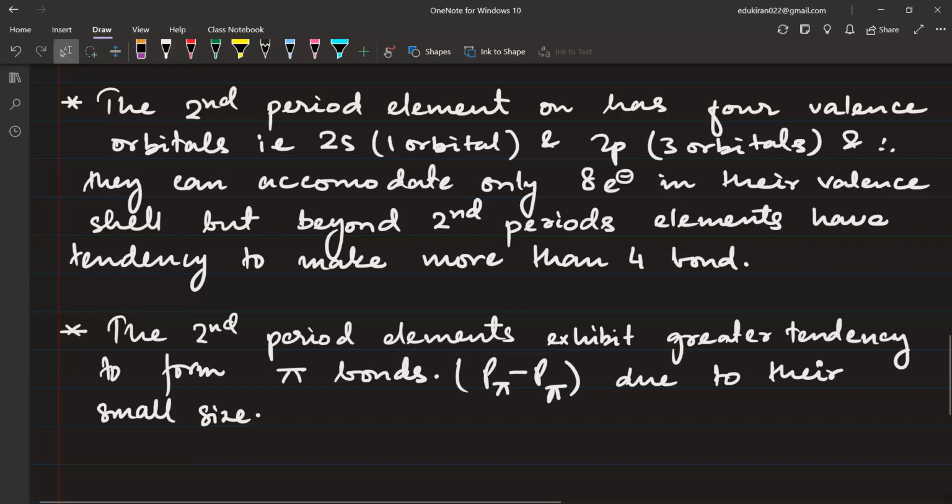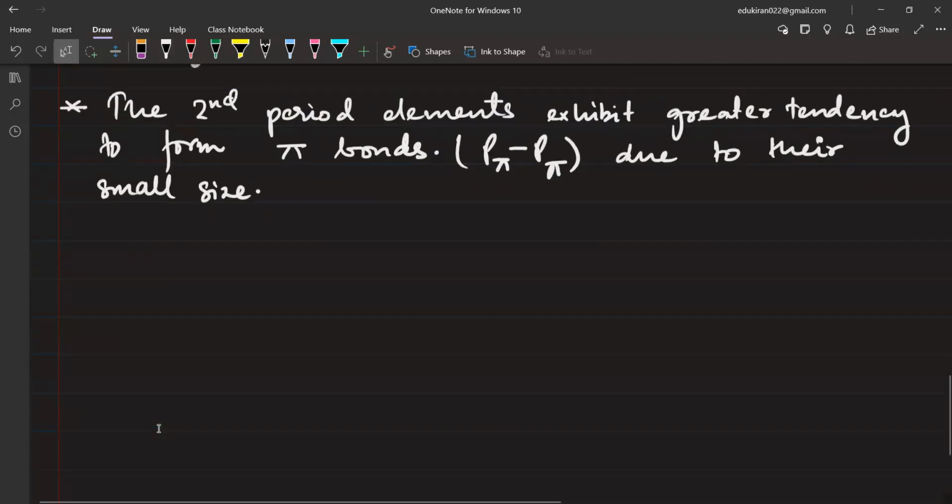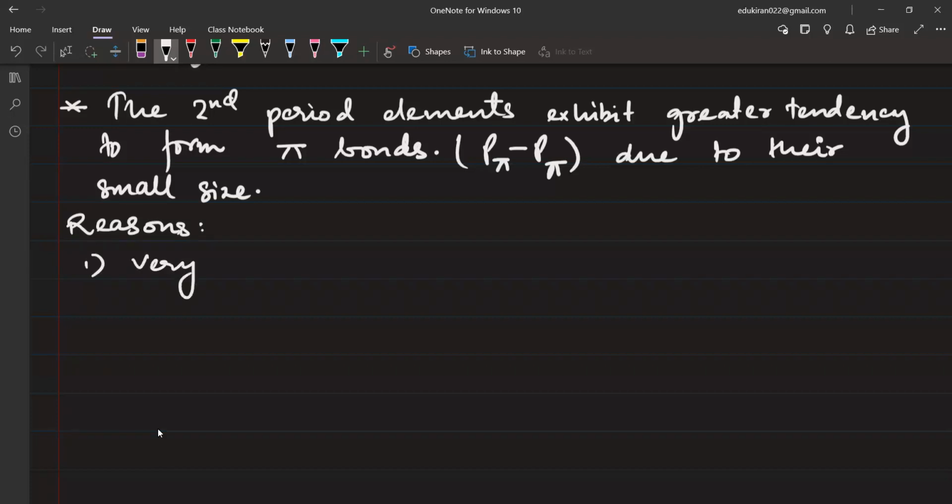So reasons, please write. What are the reasons for this anomaly? Reasons. Number one is very small size, है ना, compared to subsequent group members कर लीजिए.